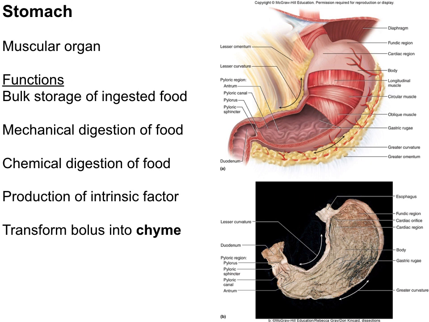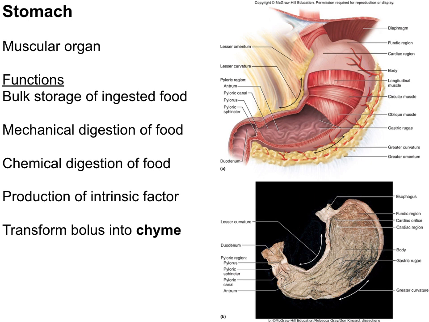Since we have now swallowed our bolus, gone through the pharynx and through the esophagus, your bolus now passes through the lower esophageal sphincter into your stomach. Now, the stomach is a muscular organ.